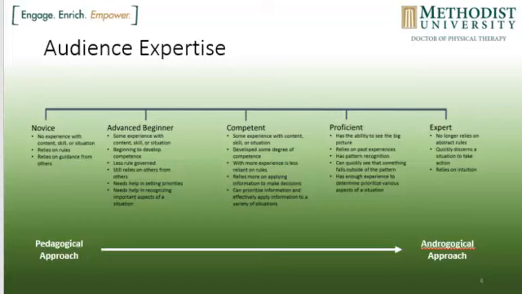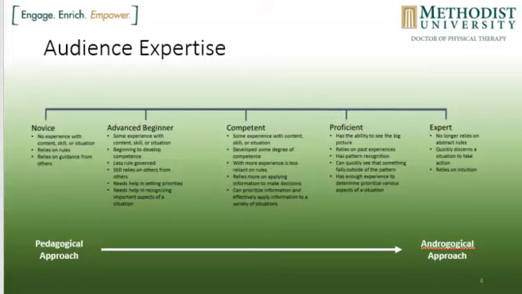When someone is a novice, they are relying on you for information. They have no knowledge of the rules. They can become an advanced beginner where they start to get some experience with their skills. Move into being competent where they can actually practice. They may not need direction all the time from you, but they do need feedback on how they can improve.